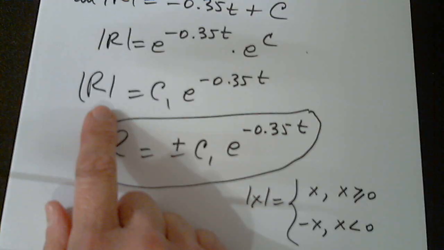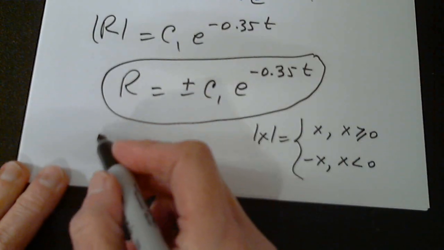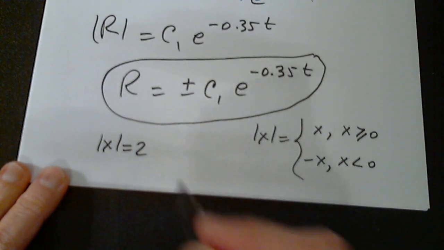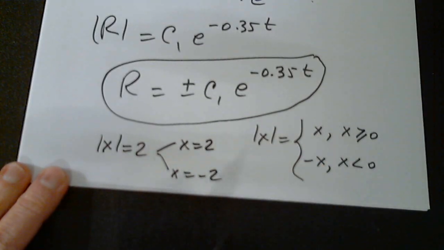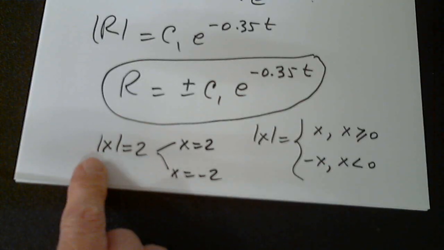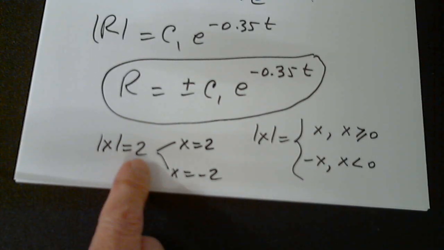But they didn't tell us anything about R. So when I solve the equation, let's say the absolute value of x equals 2, I have two options, x equals 2 or x equals negative 2. Because the absolute value of 2 is 2, but also the absolute value of negative 2 is 2.